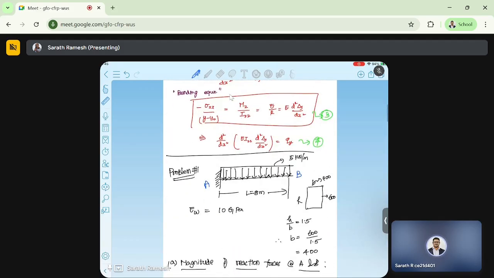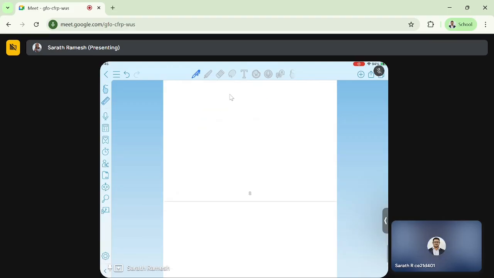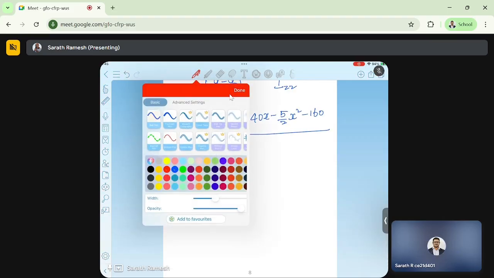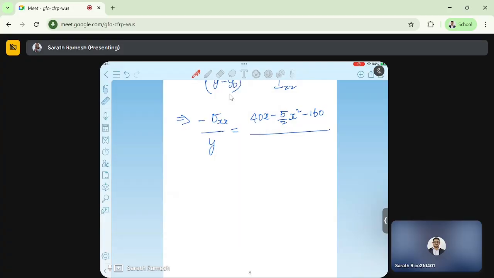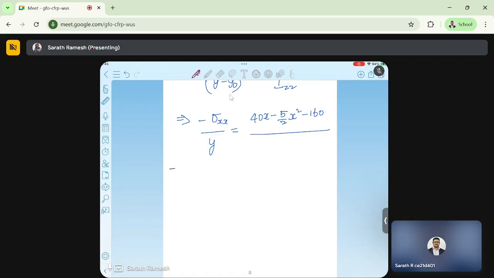What is B? What is D? B is 400, D is 600. So Izz will be B D cube by 12, which is 400 into 600 cube by 12.